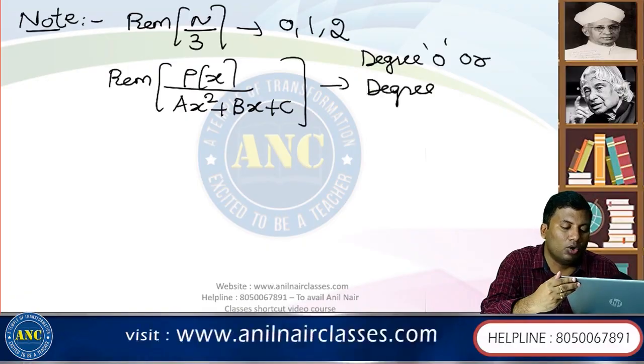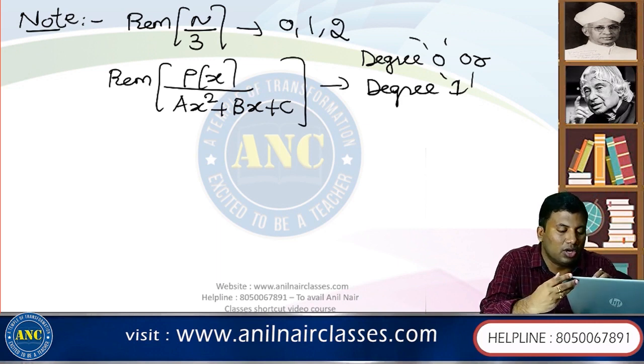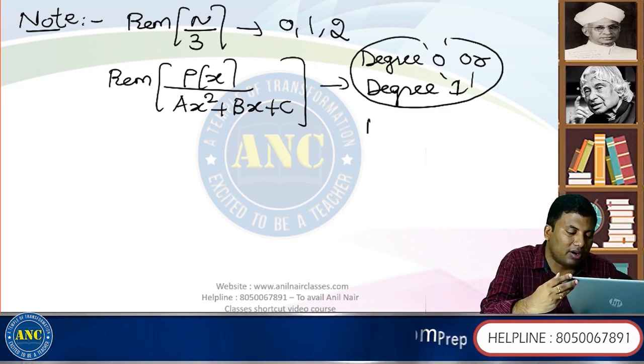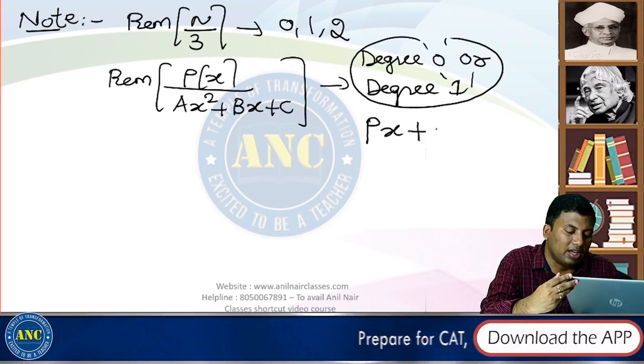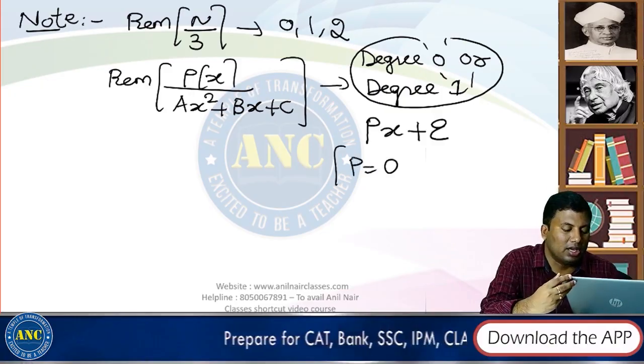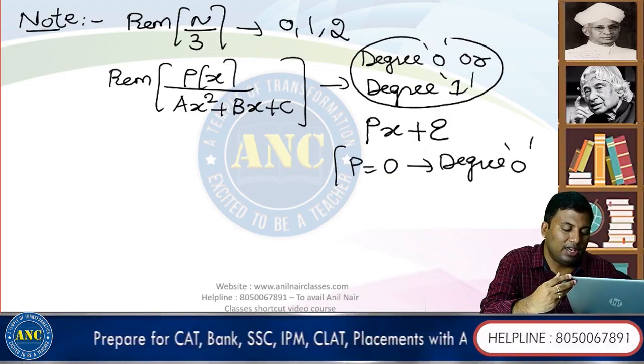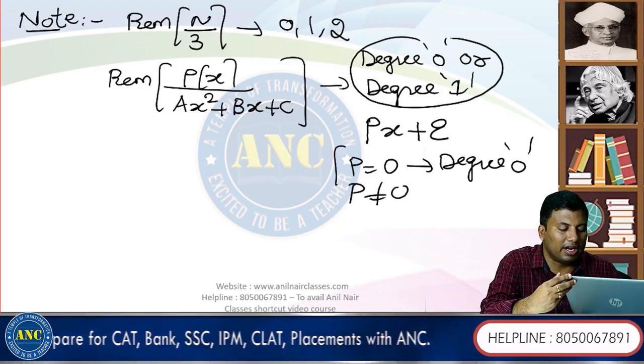You cannot get a cubic expression when you divide by a quadratic expression. So any function of degree 0 or degree 1 is nothing but px plus q. If p is 0, I will get degree 0. If p is not 0, I will get degree 1.